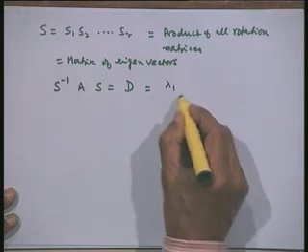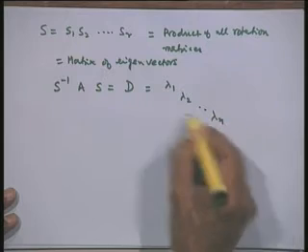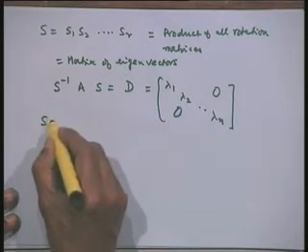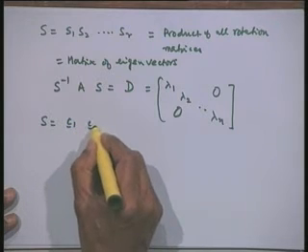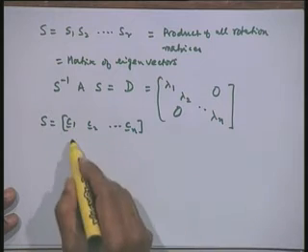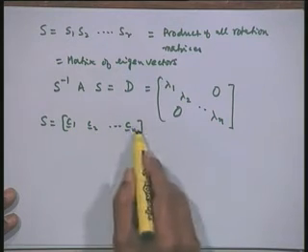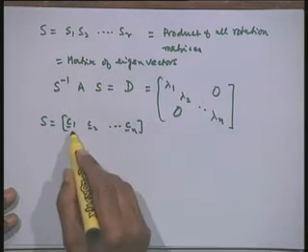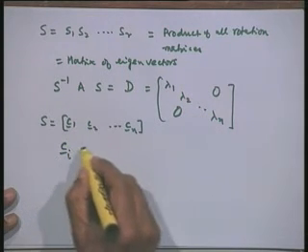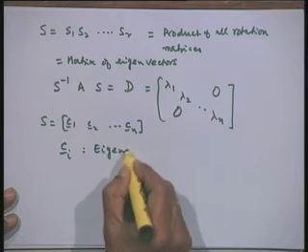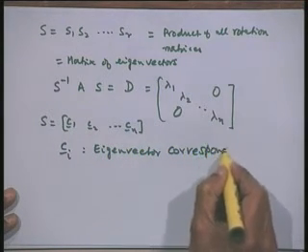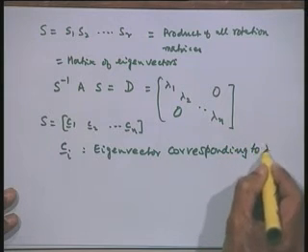Let us put these as lambda 1, lambda 2, so on lambda n, and let us write S as the column vectors C1, C2, Cn, the n column vectors of S. Then Ci is the eigenvector corresponding to lambda i.